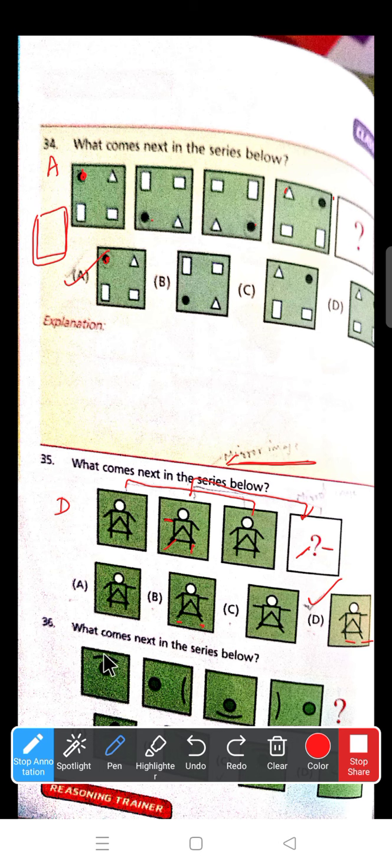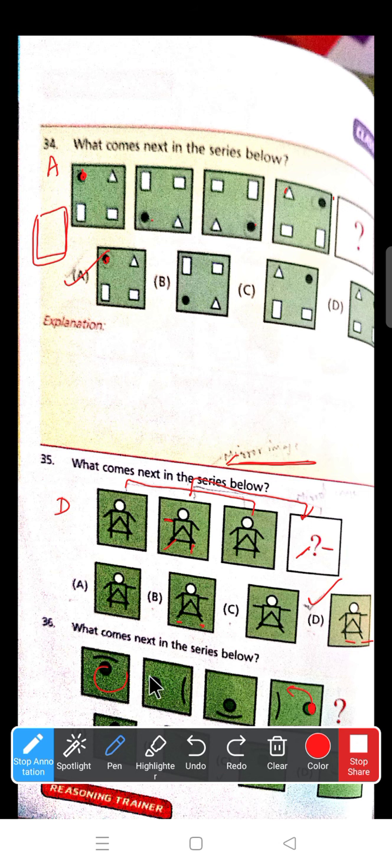Now the 36th one. If you see this circle, it is moving in an anti-clockwise direction, so it should move like this. In the fourth picture, if you observe here, the circle came this side. If you draw one more figure, the circle should be here in this position. So the circle is in the third option. In option C, the circle is in that position.